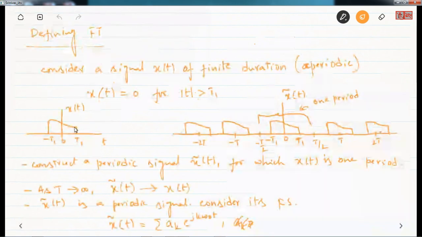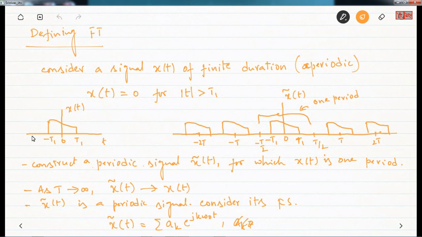now look at x of t. So x of t is defined only from minus T1 to plus T1, and it is 0 everywhere else. So here it is minus T by 2, here it is T by 2, right?